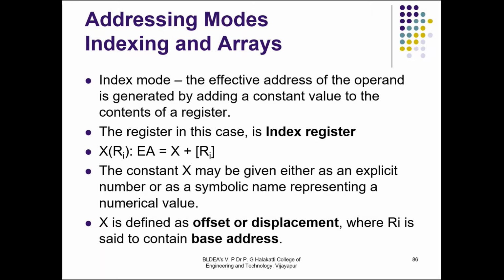The constant X may be given either as an explicit number or as a symbolic name representing a numerical value. So X is defined as the offset or displacement, where Ri is said to contain the base address.